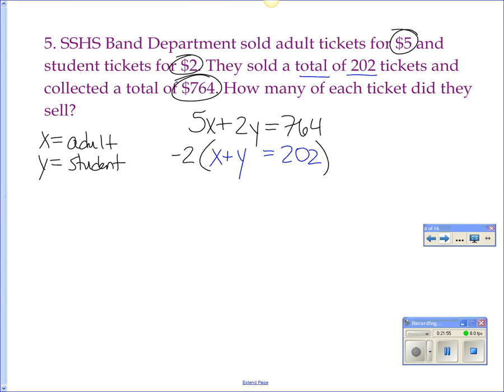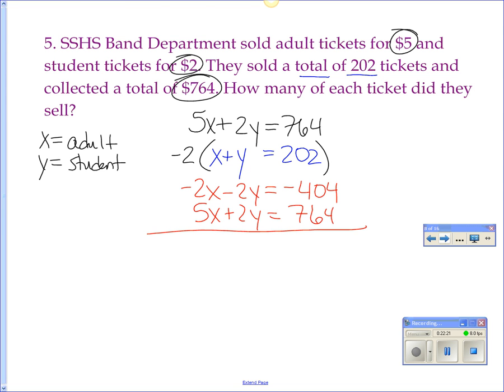All right, Jack, what do you get when you multiply the bottom one by -2? Keep going. Minus 2y equals -404. Very good. And I'm going to write the top one underneath it.